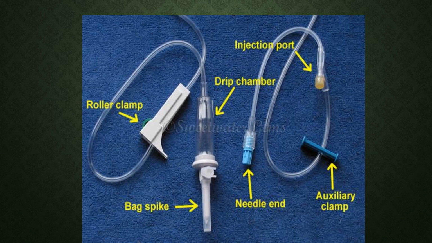That is another way to quickly clamp off your IV. You can't control flow at all with it. It's just open or shut. You just open it or close it. But your roller clamp over here on the left is open or shut, but you can also roll it up and down, and it will control the rate. It's not very accurate, and we don't use it much for that anymore, but I used to use it all the time.